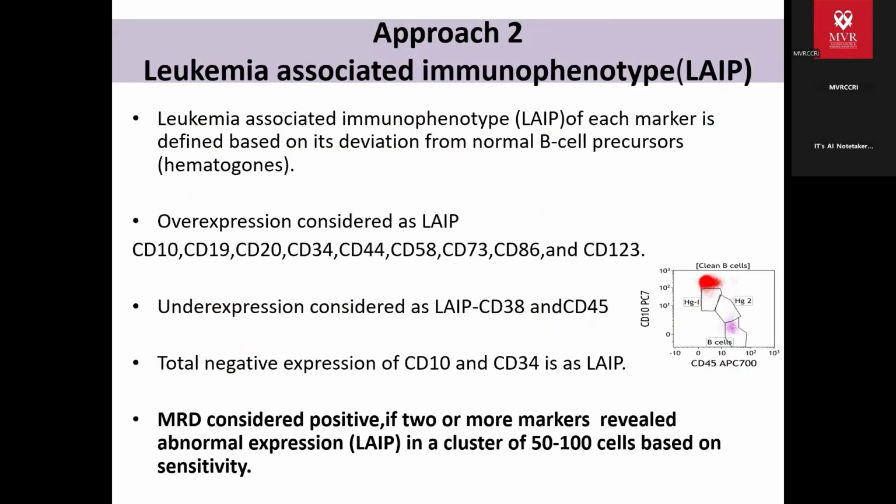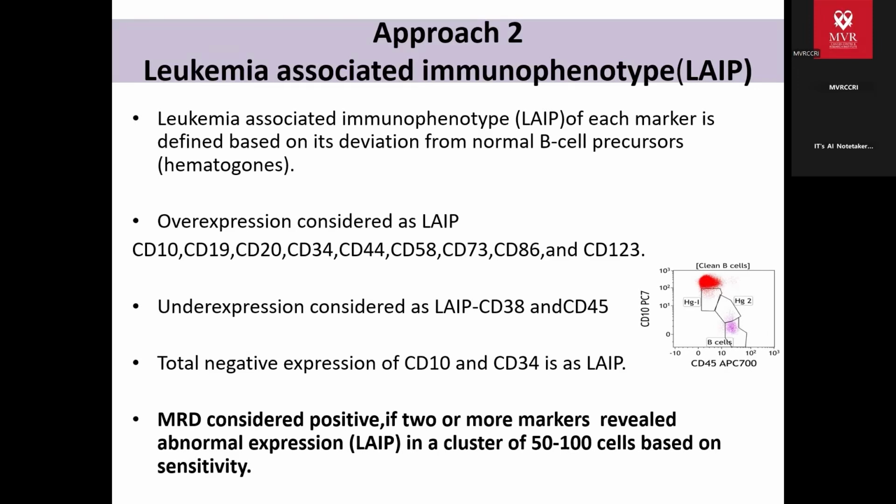Okay, so that was the deviation from the normal approach. Okay, now the LAIP approach, I told, is where we compare with the diagnostic marrow. We see what is the immunophenotype of the diagnostic marrow. We try to find whether those blasts are there in our current MRD sample. So LAIP is defined as a marker which is deviating from a normal B cell precursor.